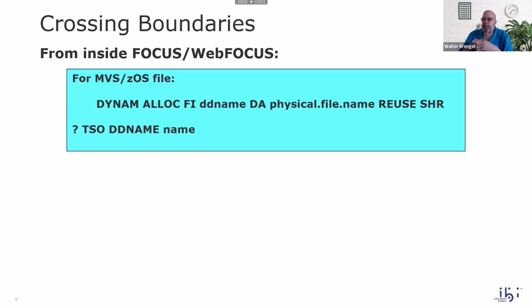So from inside your procedure, inside Focus or WebFOCUS, remember this goes both ways. If you want to create an MVS z/OS file or data set, use the DYNAM ALLOCATE command. So here I'm dynam allocating file, you give it the DD name or the Focus WebFOCUS handle, the physical data set name with DA, and then I'm saying REUSE because if I already have an allocation for the DD name, I want to reuse it with this new allocation.